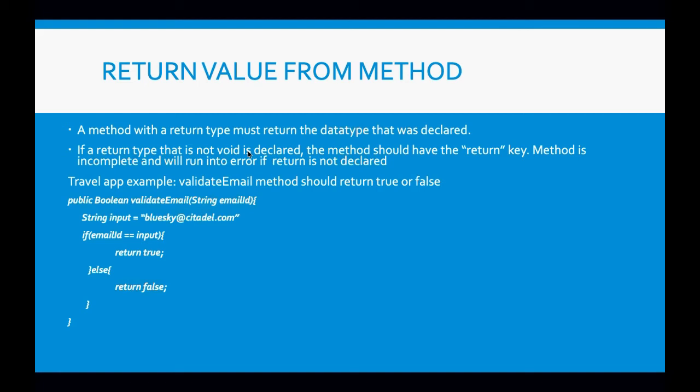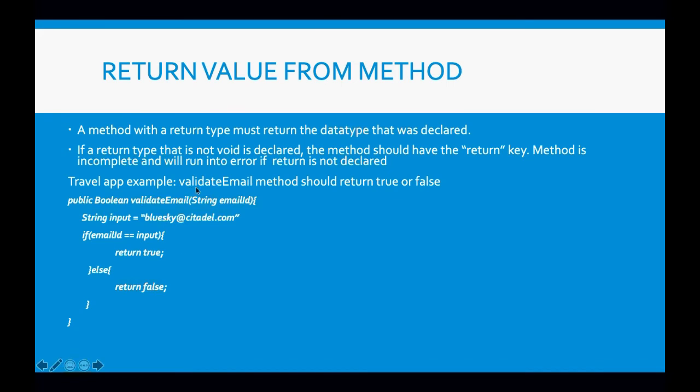It's going to throw an error. Also, if your return type is not void and is declared, you should use the return keyword. If you don't use the return keyword, your method is incomplete and your compiler throws an error. It just makes your application run into errors, so you have to go back to fix it again.